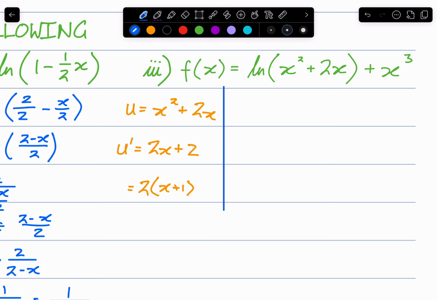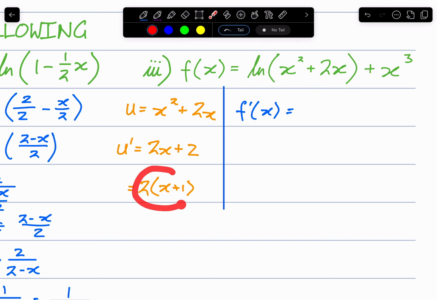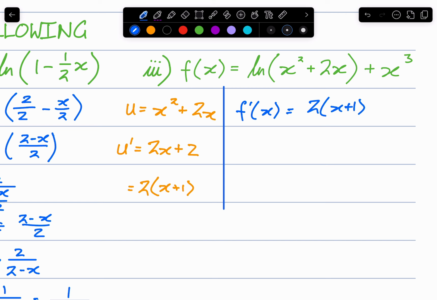Now that we have this, we can let f prime be. So we're taking the derivative of this one first. Remember, the derivative of ln of u is u prime over u, which will become 2x plus 2 over x squared plus 2x.